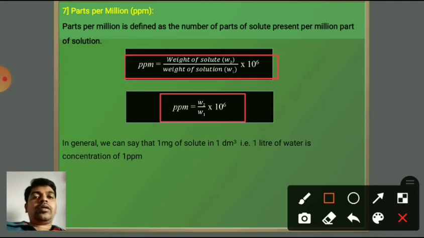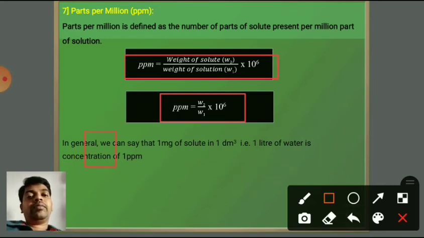Or you can say simply, if 1 milligram of solute is dissolved in 1 liter, or 1 dm cube, of solution, the solution becomes 1 ppm. This is a very simple technique.